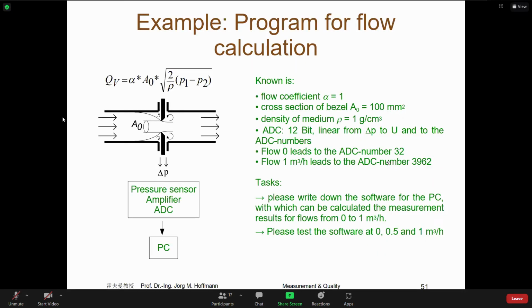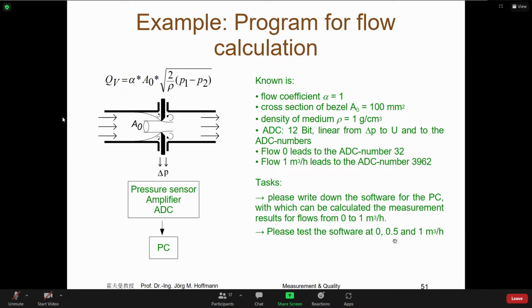Yes, in this case it is 32. Therefore, this is absolutely a practical case, so that we can calculate with this. The task now is to write down the software for the PC with which the measurement results can be calculated for the flow from 0 to 1 cubic meter per hour.